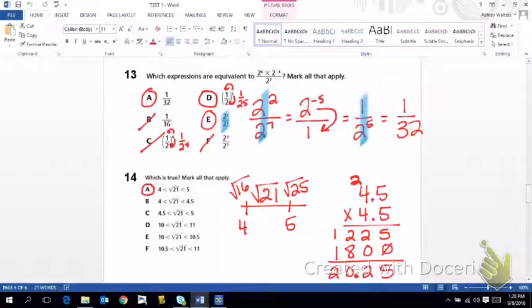So 4.5 squared is 20.25, and 21 is greater than 20.25, so it's not going to be less than.